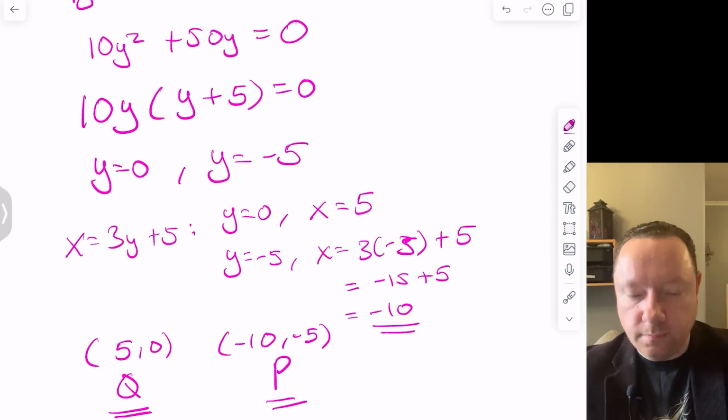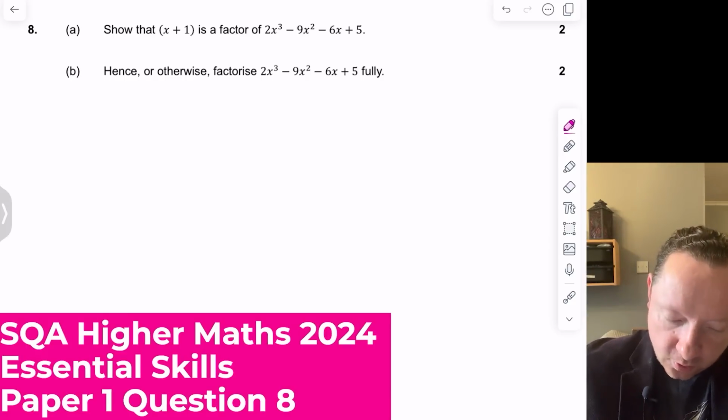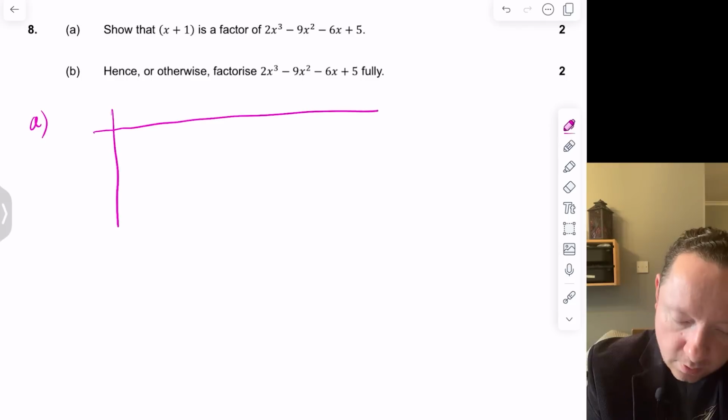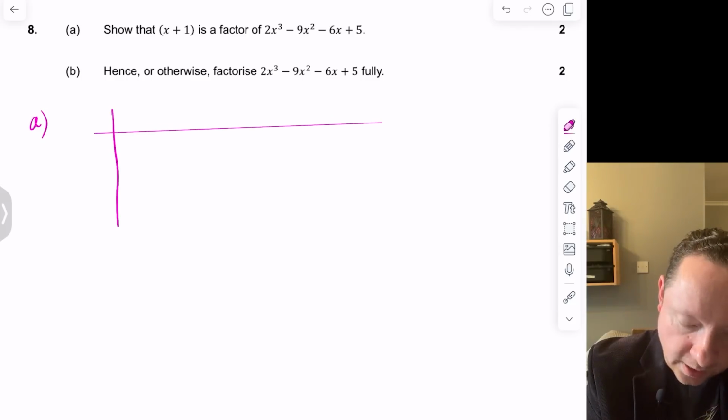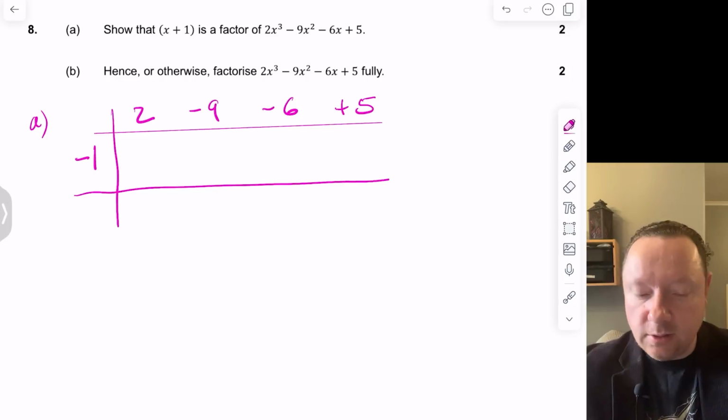And we're done there. Question 8, show that x plus 1 is a factor of this and then factorise fully. So part A, quite often people use synthetic division, so I will as well. So you put x plus 1, make sure you put minus 1 in the root outside. 2x cubed minus 9x squared minus 6x plus 5. Make sure they're going down in powers, if not add a 0 in somewhere.